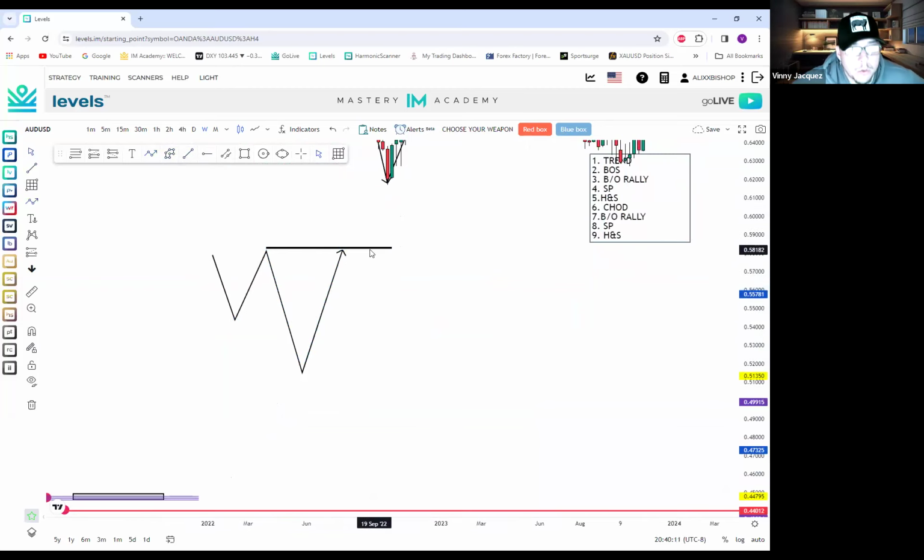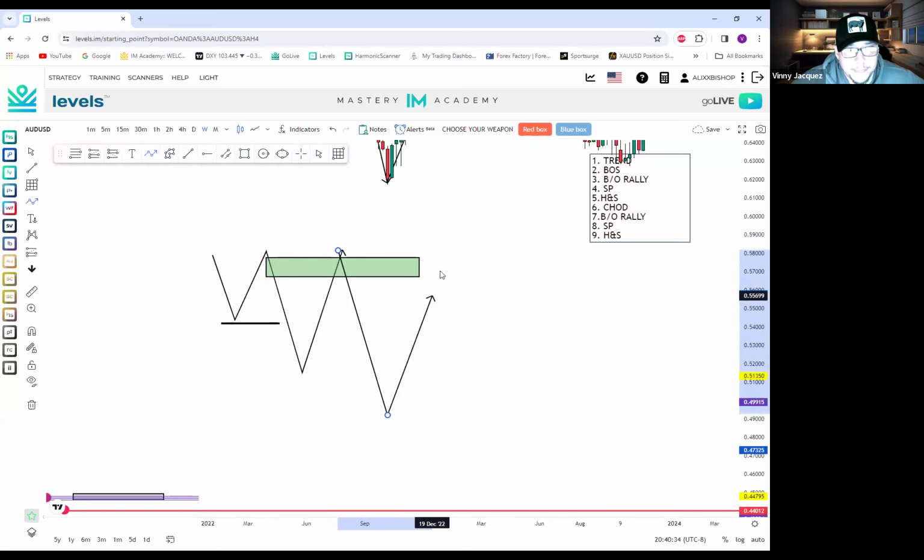But when we learn with smart money and levels, we start to understand that we just got a BOS. So there should be some type of starting point in here. So what should we be doing? We should be following trend until we actually get that change of character, right?